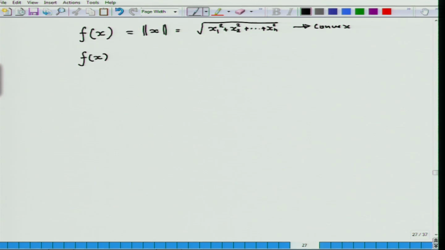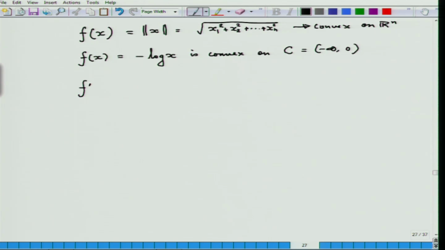Also f of x equal to minus log x is convex on C. You can check that this is also a convex function on Rn.